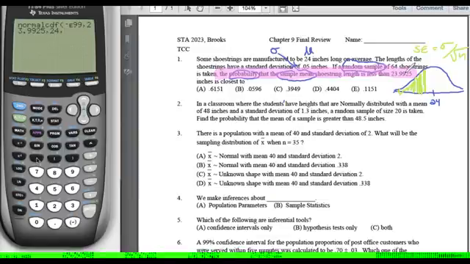The 64 makes a difference. So my sigma is 0.05. Divide that by the square root of 64, which you could just type in 8 because that's the square root of 64. I hit enter and I see 0.11506, which would round to be choice E, 0.1151.